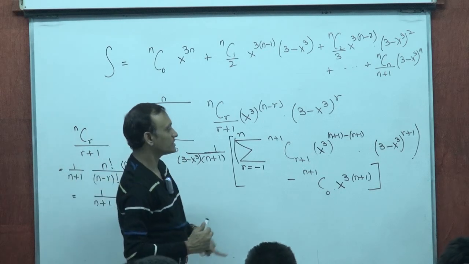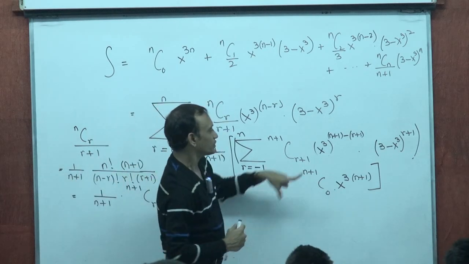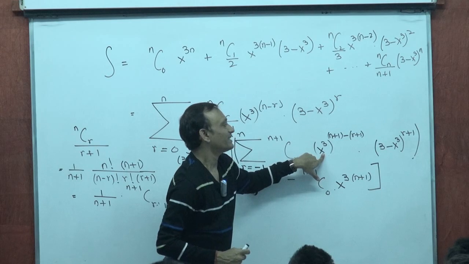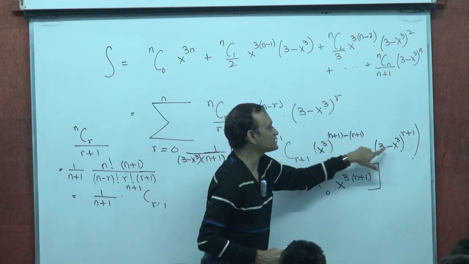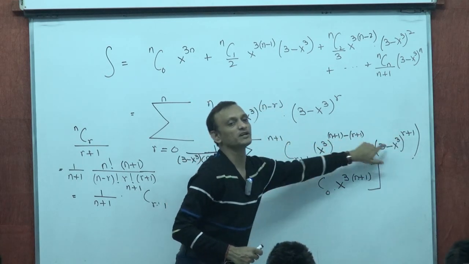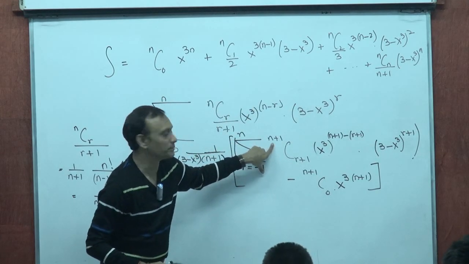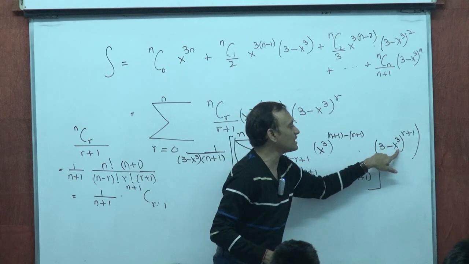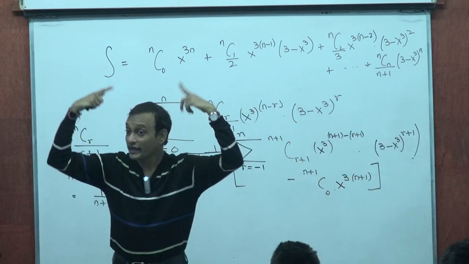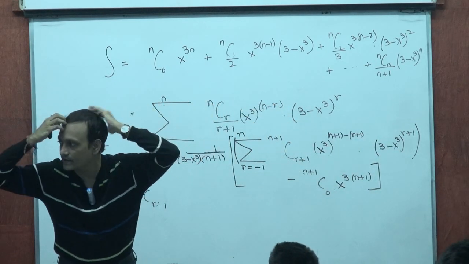This then is what? a^(n-r) b^r summed up is (a + b)^(n+1). So (x³ + 3 - x³)^(n+1) is what transpires there, right?